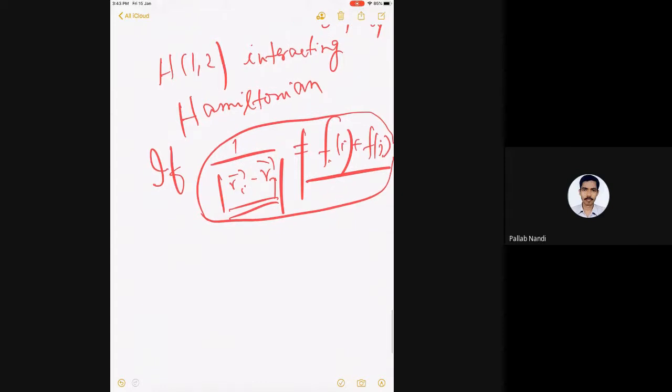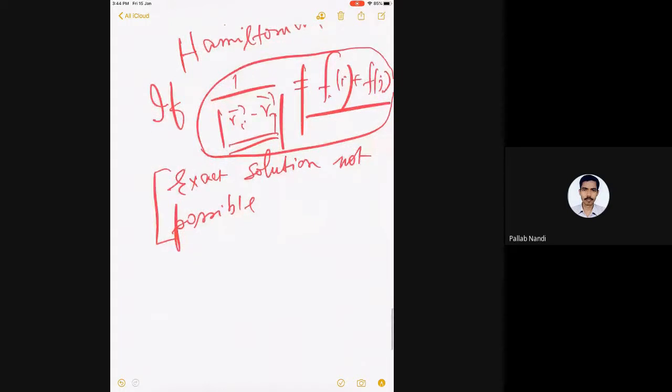What is important also to realize is that because of this, the exact solution is not possible. So, the whole of quantum chemistry, we will resort to approximate solutions.